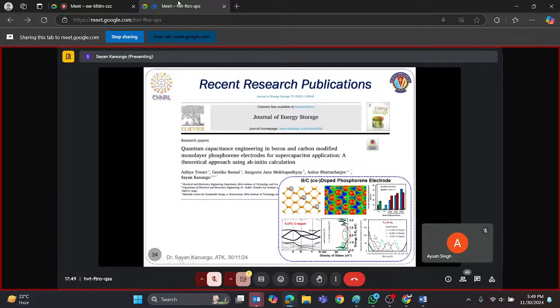So this particular work has basically provided us a very clear understanding of what type of dopant and what specific type of modifications are most suitable for the semiconducting Xene material for their quantum capacitance improvement.